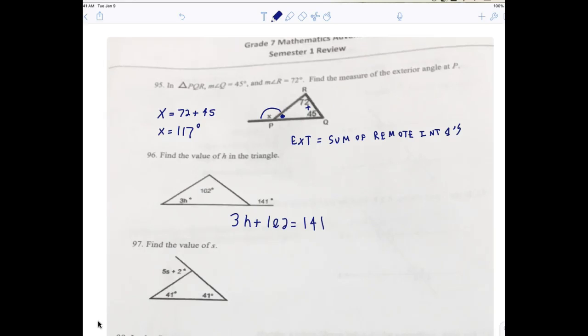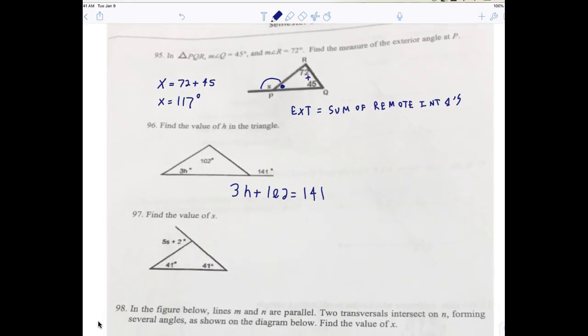So now you subtract 102 on both sides, very good, to get 3h equals 39. You're awesome, buddy.